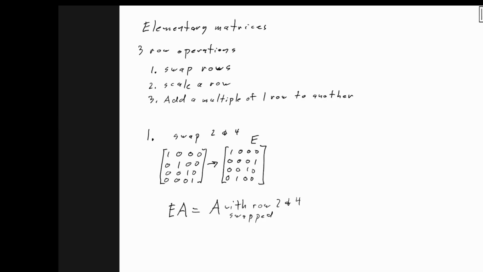And I can do the same thing to scale a row. So if I want to scale row 3 by 2, for instance, I just use my identity matrix, and I scale row 3 by 2.